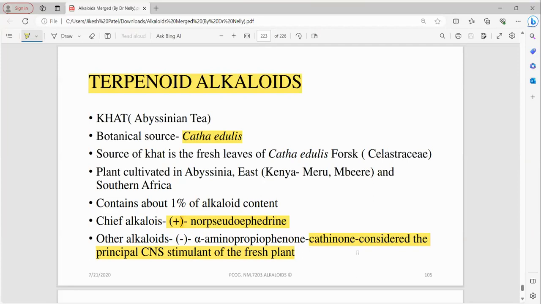Miraa is a legal drug: if you are found chewing Miraa, no one will bother you, but if you are found with cathinone, that is a crime. Cathinone is the active ingredient of Miraa, the CNS stimulant of the fresh plant.